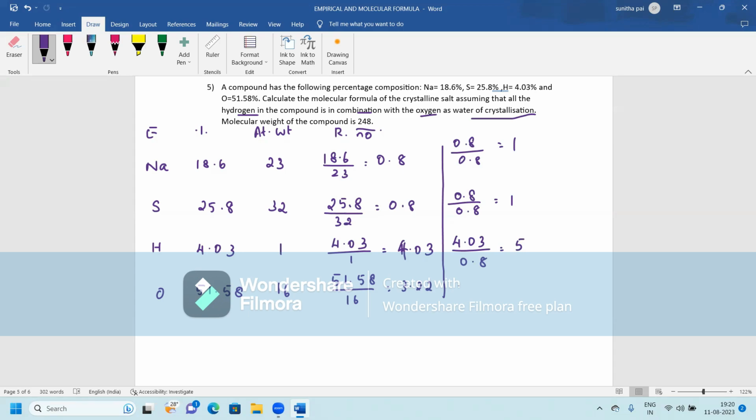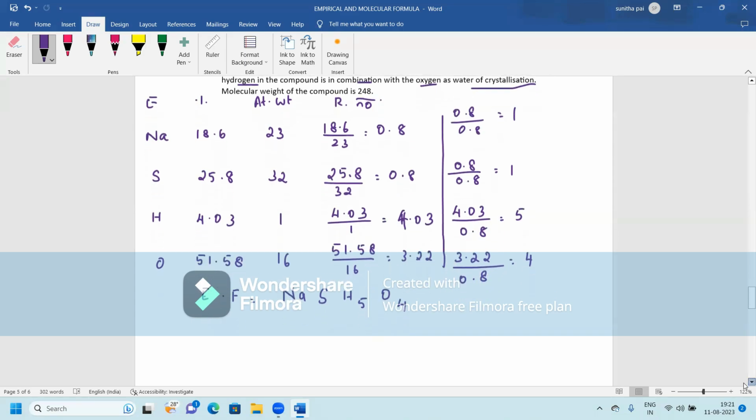And the last one, 3.22 by 0.8, which is equal to 4. Now, the empirical formula of this compound is NaSH5O4.